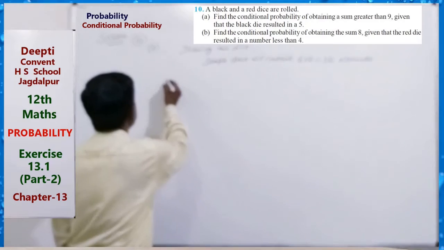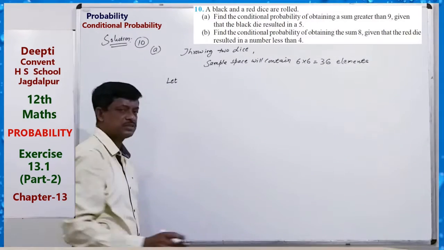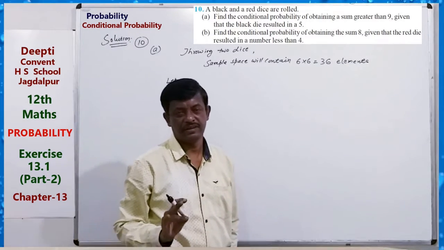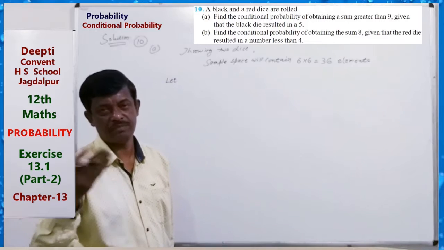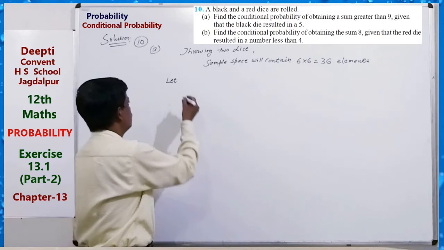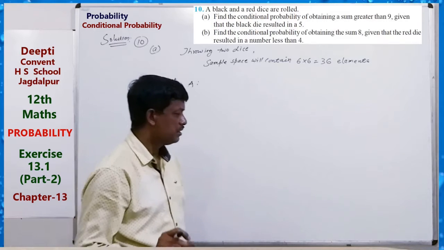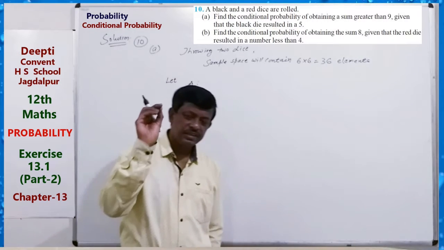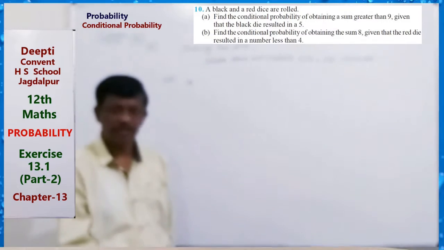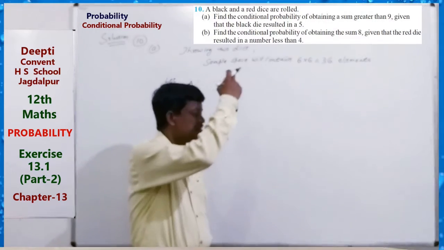First of all we set the events, A and B. Let A be the event of obtaining a sum greater than 9.